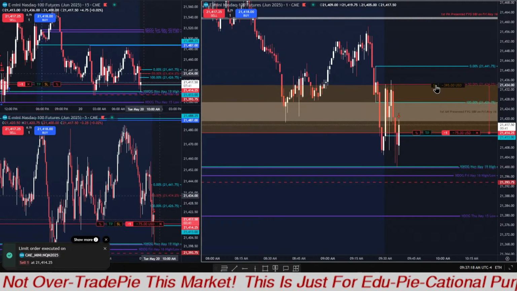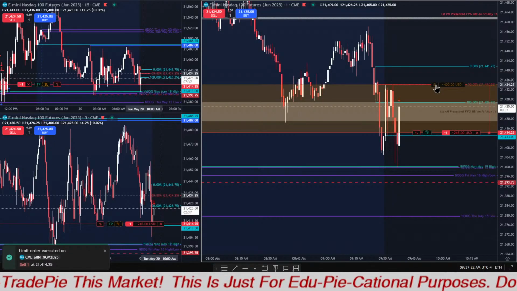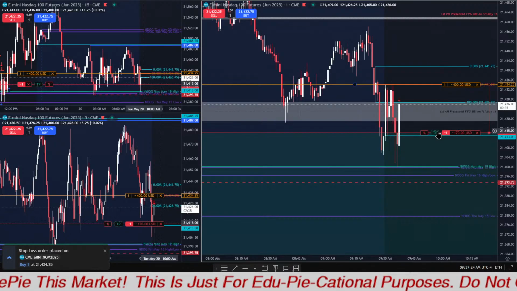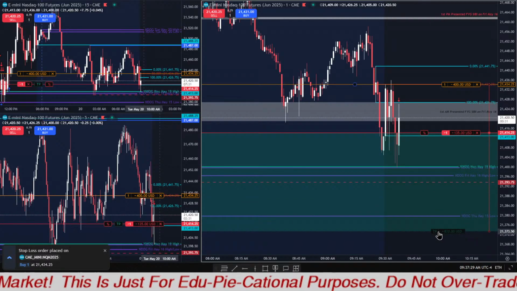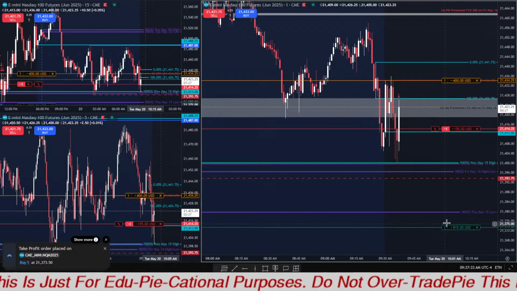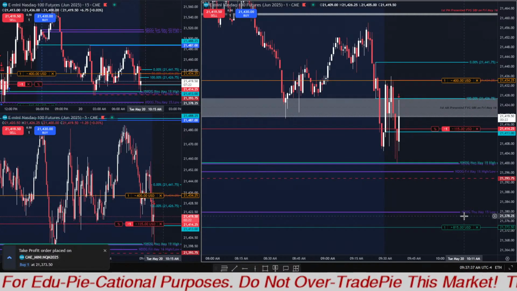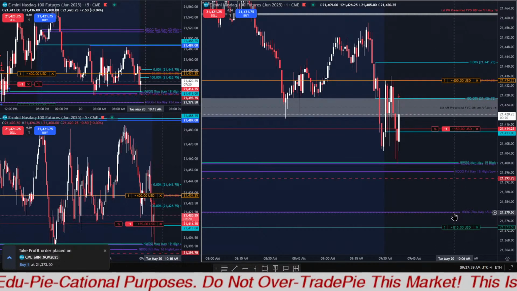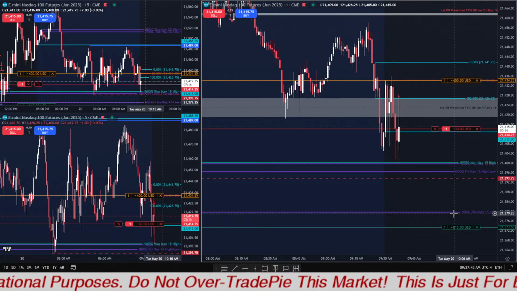The stop can be over here. And the target is just below the new week opening gap, that is also the sell side liquidity of yesterday's AM session.